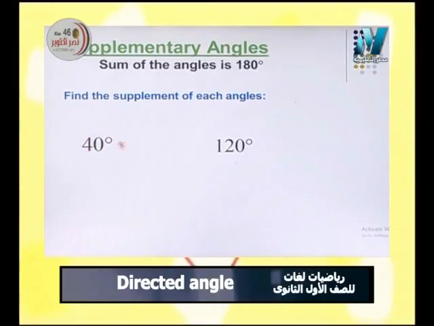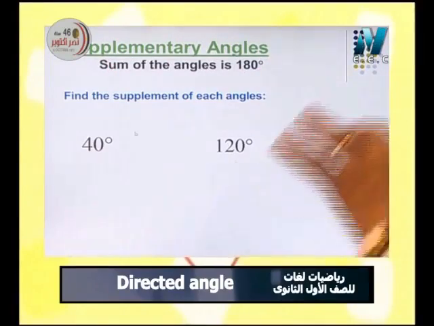We want to find another angle which, added to 40, gives 180. And we look for another angle which, added to 120, gives 180. So the two angles will be supplementary. Supplementary angles mean that the sum of the two angles equals 180.